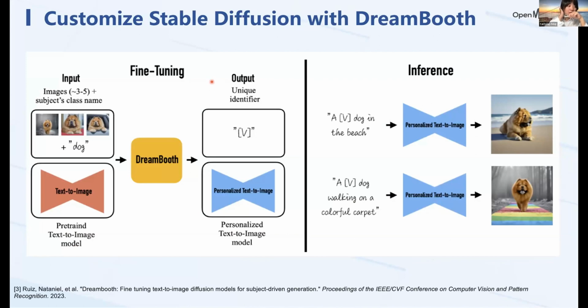This task aims to generate new concepts provided by users' input images, because when we use a pre-trained large text-to-image generation model like Stable Diffusion, we cannot generate the exact personal object, such as my pet dog or my personal toys.